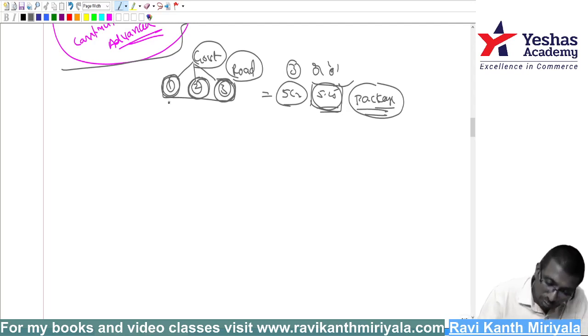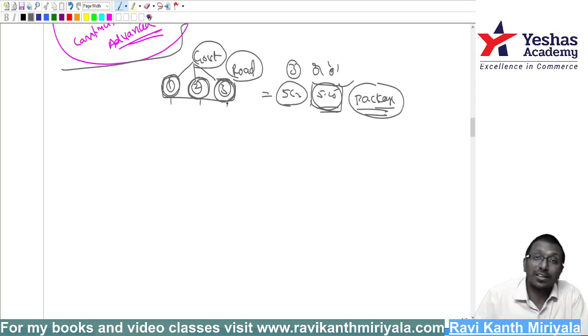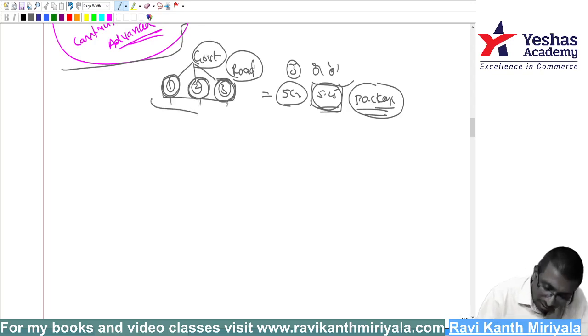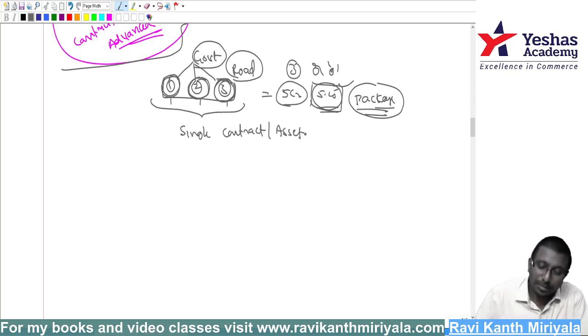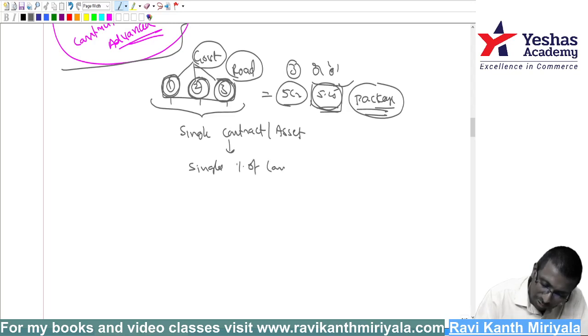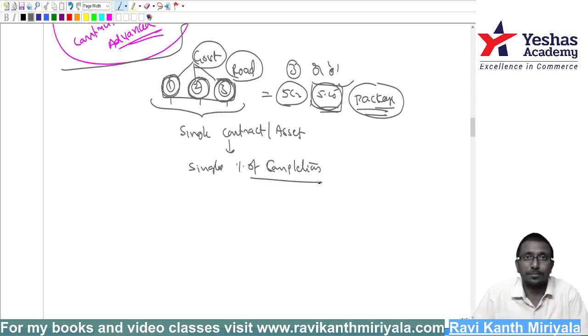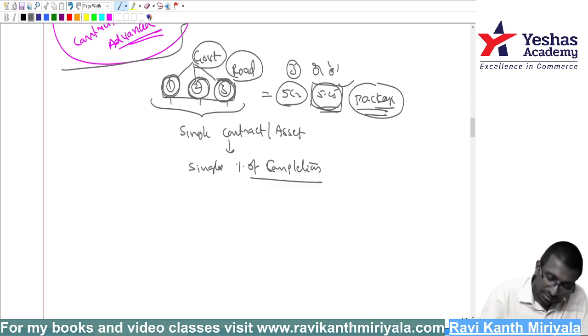That's why even though there are 3 different roads, 3 different assets, all 3 will be taken as a single contract, or single asset. The minute I decide it is a single contract, how are you going to do this, sir? Single percentage of completion only we are going to do. Got it? Right. This is example number 1.